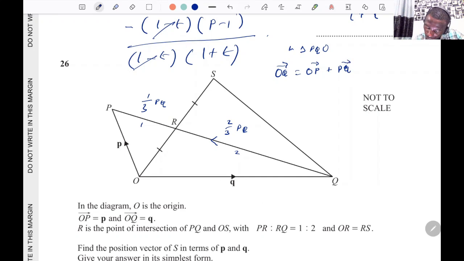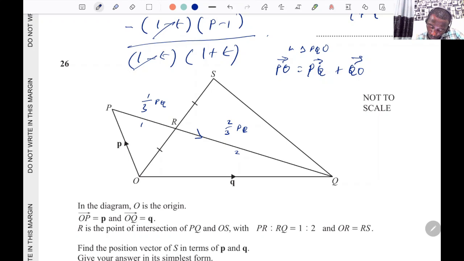Okay, let me start from the top side. Let's say I'm picking direction PO. My PO is in negative form, so let me address it that way. It equals PQ plus QO. So I'm changing my direction because I'm going that way.